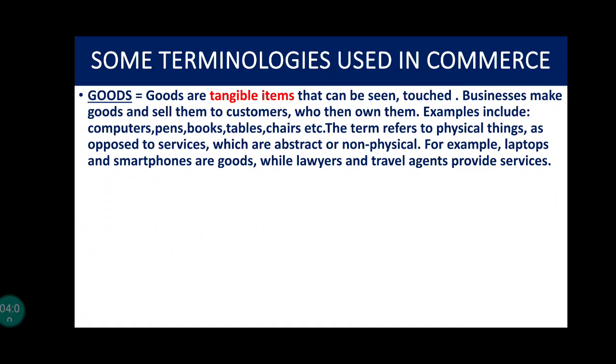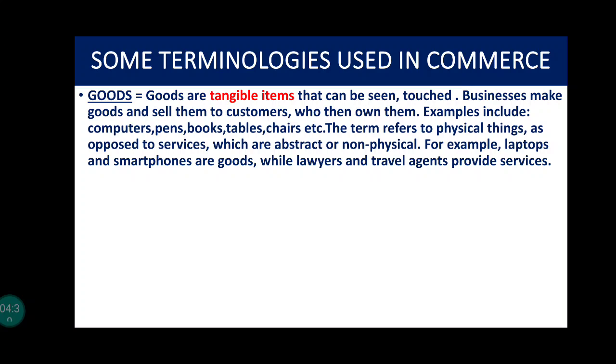Now see some terminologies in commerce. Goods. These terms are not in detail in your chapter, so just have a glance at all these terms. What do we mean by goods? Goods are any tangible items. Tangible items means items that can be seen and touched. Businesses make goods and sell them to customers who then own them.